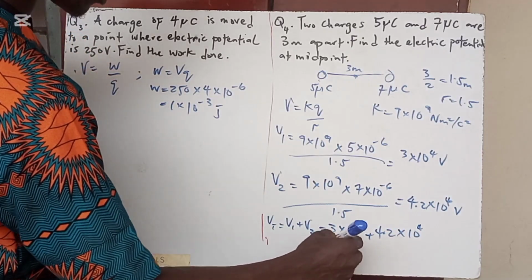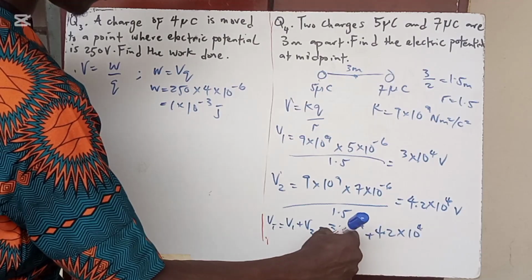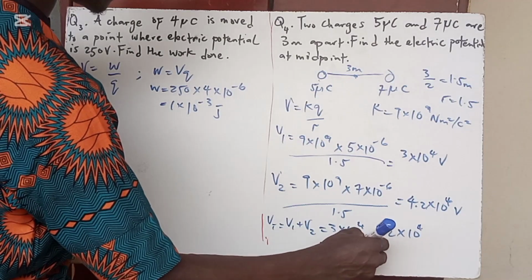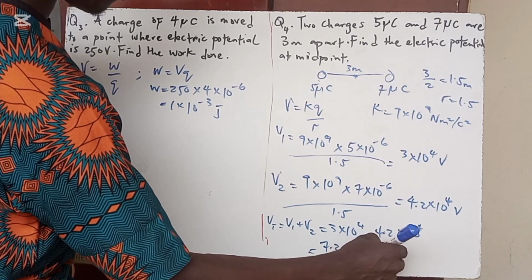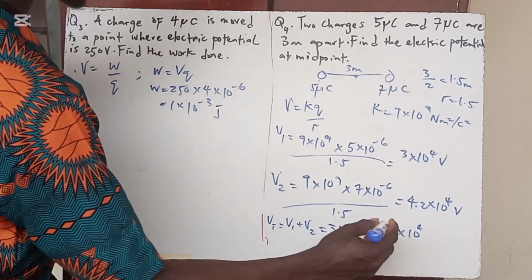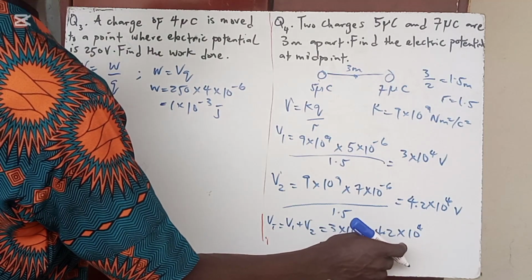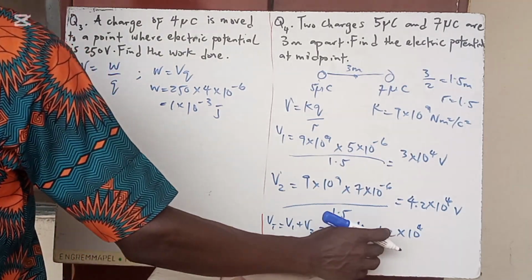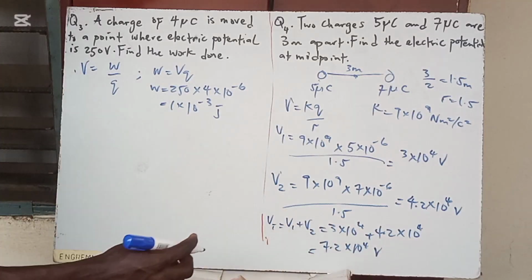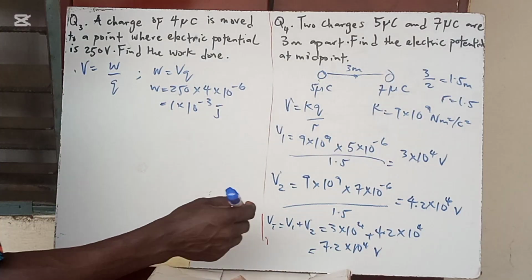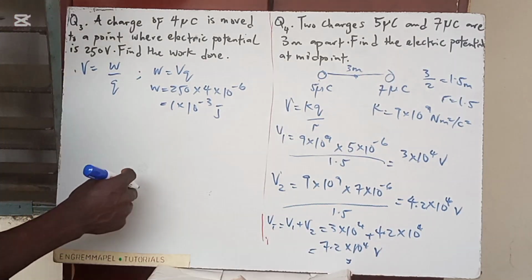And that will give us 7.2 times 10 raised to power 4 volts. We are looking for electric potential, so that's going to be in volts. So this is our final answer, 7.2 times 10 raised to power 4.